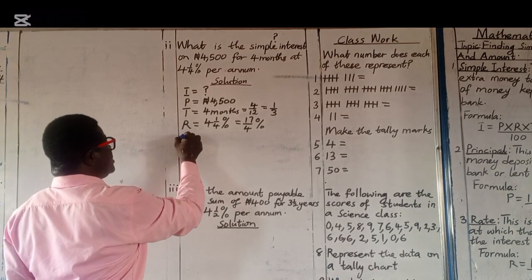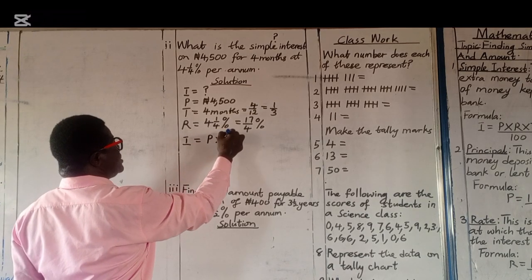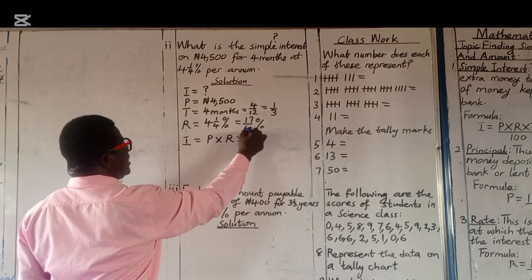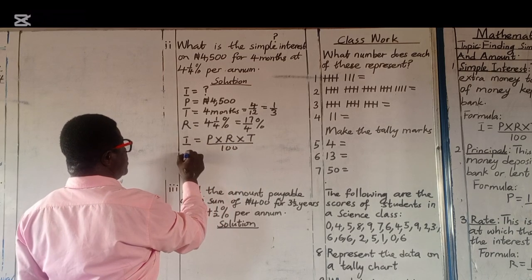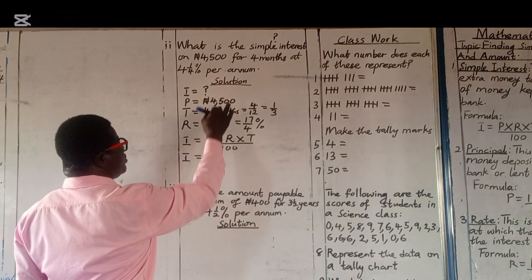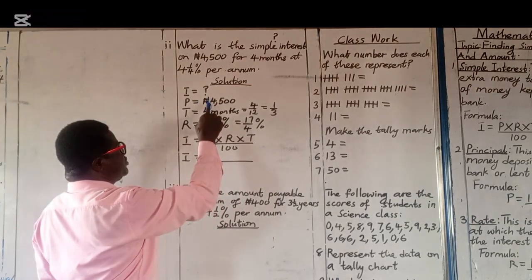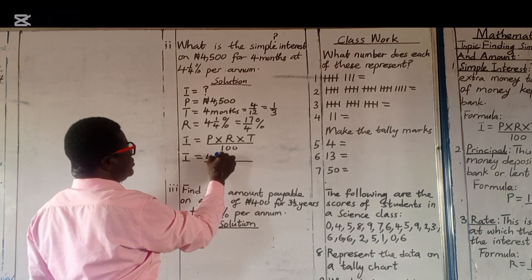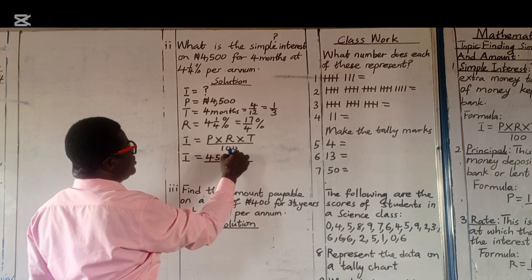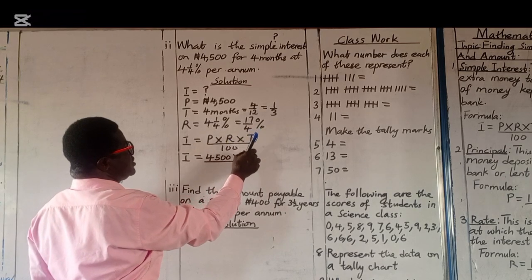So now interest. Principal times rate times time all over 100. So here, interest is, your principal is 4,500 multiplied by your rate, which is 17 over 4, right?